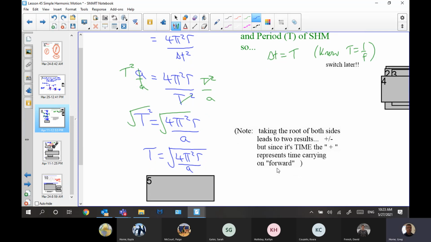Technically, of course, we would have plus or minus in here, rooting both sides. There are 2 options, a plus and a minus. But we're talking about time, so we're going to think about the positive one because time is observed to be flowing forward. Quantum mechanics ignored the negative time solution as normal.